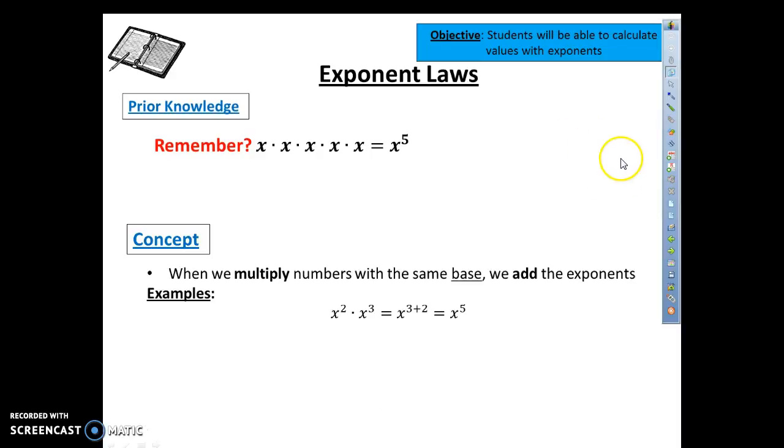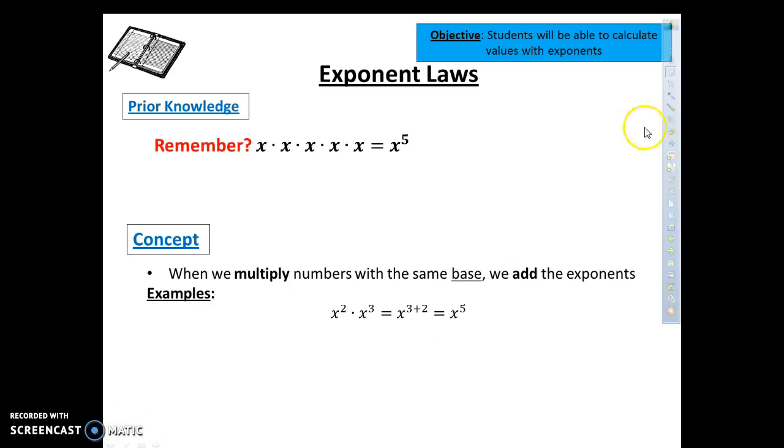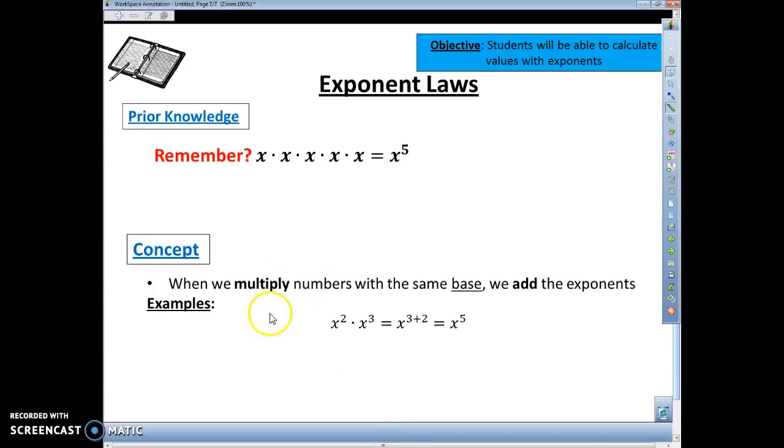A couple of things that I want to cover about exponents: when you multiply numbers with the same base, we add exponents. So here in this example, I have x to the power of 2 times x to the power of 3. Notice they have the same exact base. Their base value is the same.